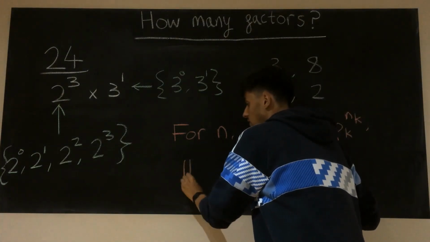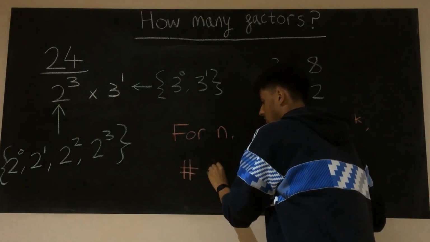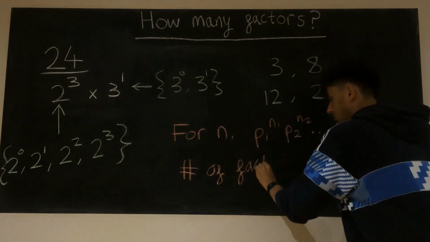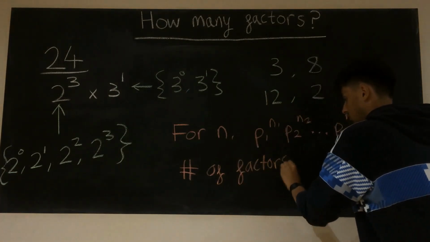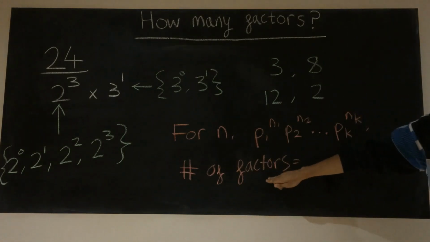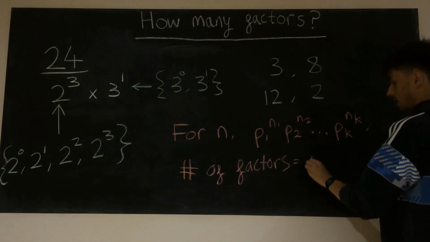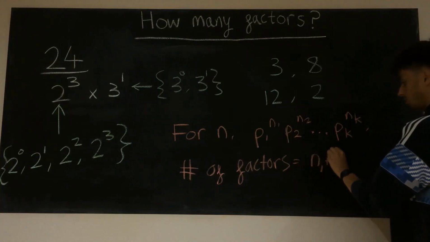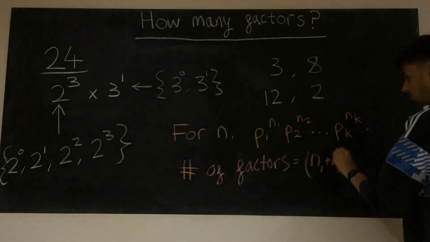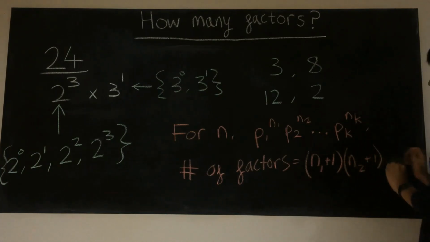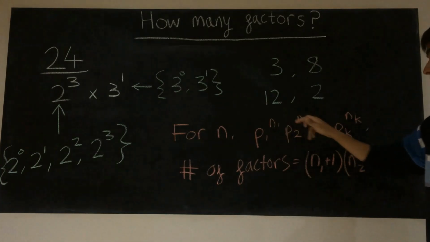Well, we can say the total number of factors altogether can be written as (n1 plus 1) multiplied by (n2 plus 1). So these are the powers plus 1 each time.